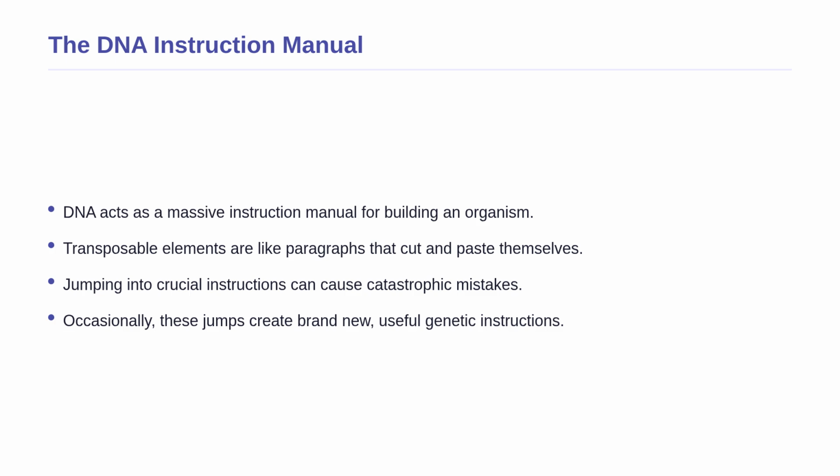If a paragraph lands in the middle of a crucial instruction, it might ruin the sentence and cause a catastrophic mistake. But on the other hand, it might accidentally create a brand new, useful instruction that makes the final product even better. These jumping paragraphs are what we call transposable elements, constantly rewriting the genetic story.